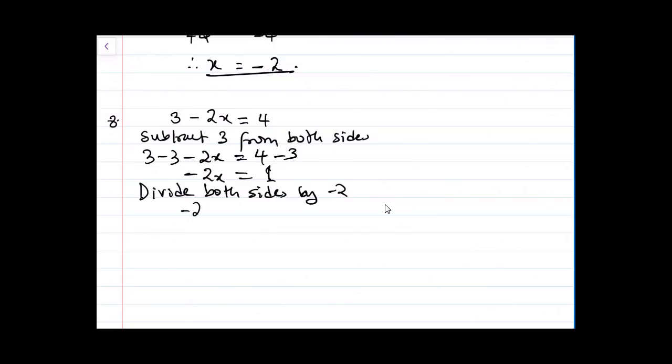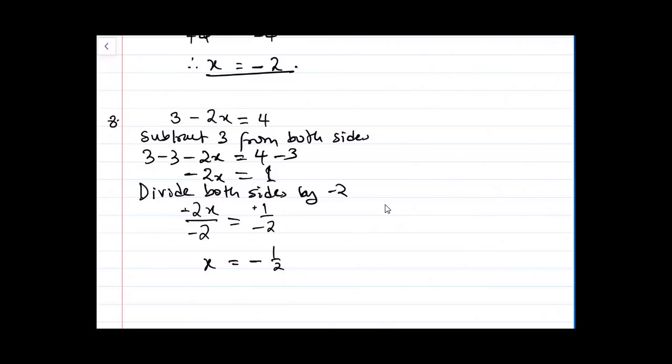So we have minus 2x over minus 2 and 1 over minus 2. This negative cancels out, 2 also cancels out, and we have x. We have numerator positive, denominator negative, and that will be minus 1 over 2.